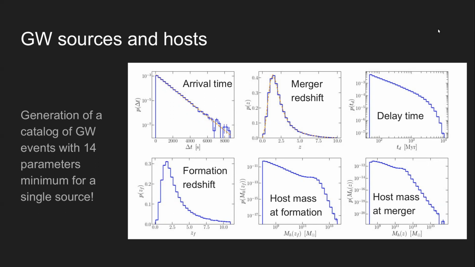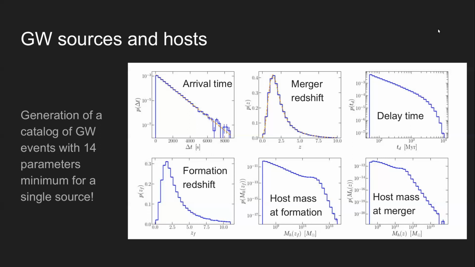So I'm just going to go over what these minimal parameters are to give you a flavor of what you need to know. And again, this is the basic setup. If you want to do something more realistic, you have to start increasing the number of parameters and the complexity of your calculation.